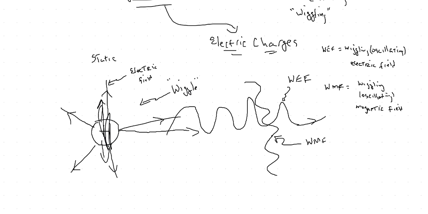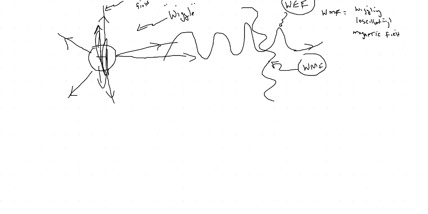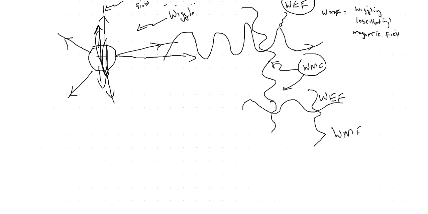Okay. So what we're saying is that a wiggling or oscillating electric field produces an oscillating or wiggling magnetic field. But the story's not over, because now it turns out that this wiggling magnetic field is going to produce a wiggling electric field. But remember, the wiggling electric field produces a wiggling magnetic field. So our schematic here is this: a wiggling electric field produces a wiggling magnetic field.